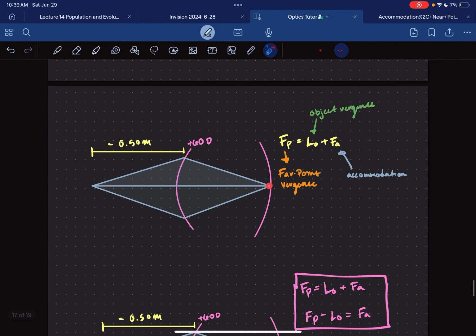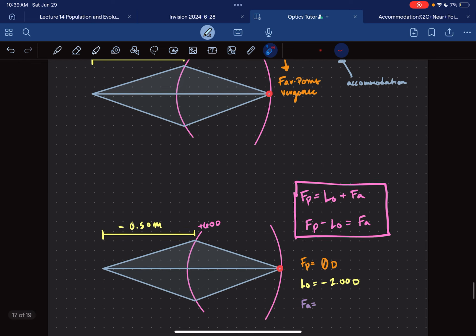So we've got this equation. I pulled it from the book. Basically, we put the far point of the given person, and that's going to equal the object divergence plus how much they're accommodating, or how much more convex their lens has become.